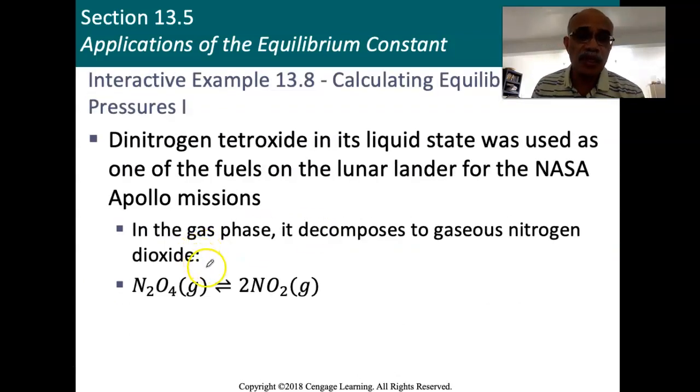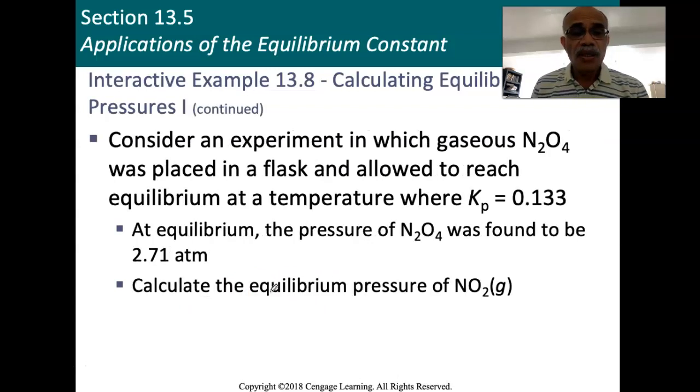Let's consider one simple one where you have only one reactant and one product. So this is the reaction of dinitrogen tetroxide to form nitrogen dioxide. So this is a homogeneous equilibrium, that is the balanced equation. Now, this is a given set of conditions.